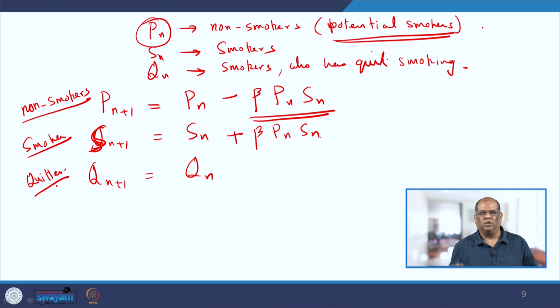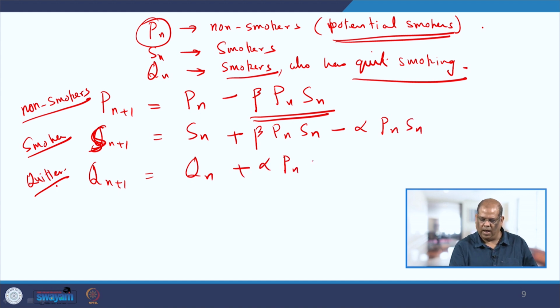Now from the smoker group, due to whatever may be the reason, the health reason, or somehow they don't want to continue smoking because they want to be healthy, a part of them now goes to the quitter group, that is they who were smokers but then quit smoking, and that happens say at the rate alpha, so alpha times Pn Sn.